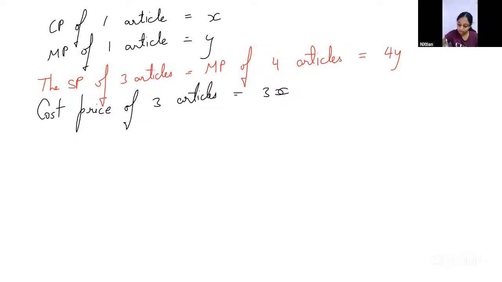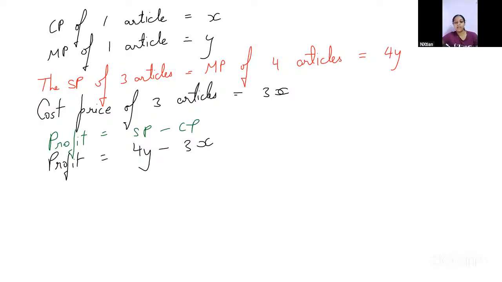And the formula for profit is selling price minus cost price. So put the values. My selling price, which is also equal to the market price of 4 articles, is 4Y, and my cost price of the 3 articles is 3X. So I have my profit, which is equal to 4Y minus 3X.